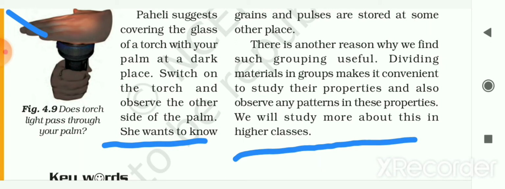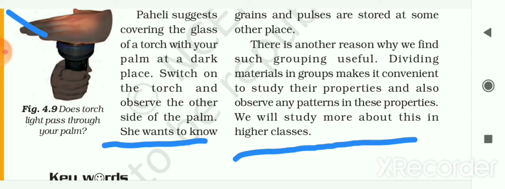If we want to study the similarities and differences in the properties of objects, or any pattern in those properties or in their structure, then by this grouping we can easily study these things. So we are sorting the materials on the basis of these kinds of properties, and we will study more about this in the next higher classes.